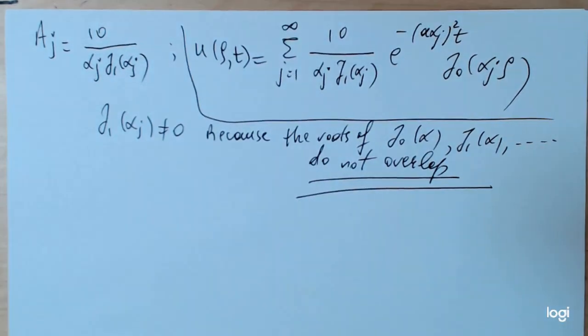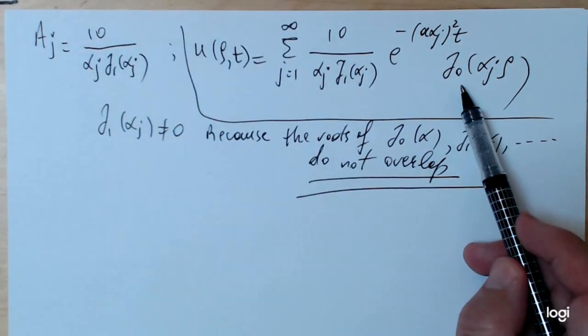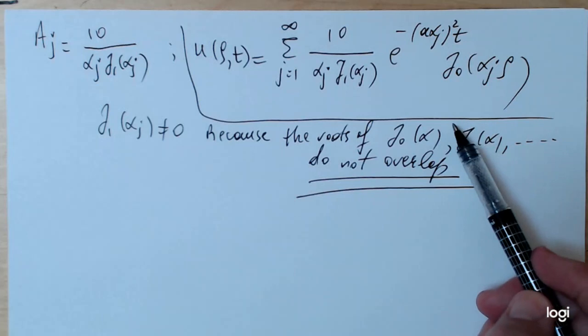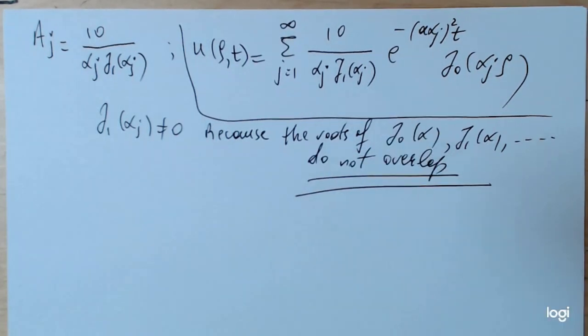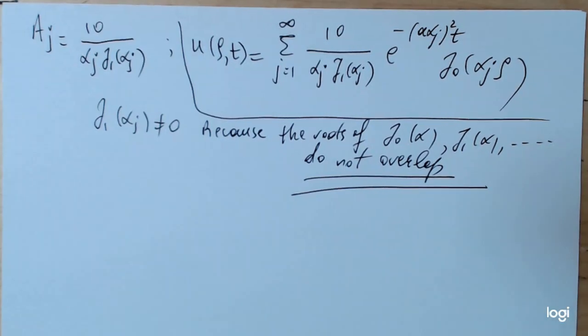Okay, so once the roots come from setting j naught of alpha equals 0, then you don't have to worry about the fact that this appears in the denominator. So you don't have any division over 0. So this is in a nutshell the process of solving a boundary value problem with Bessel functions.